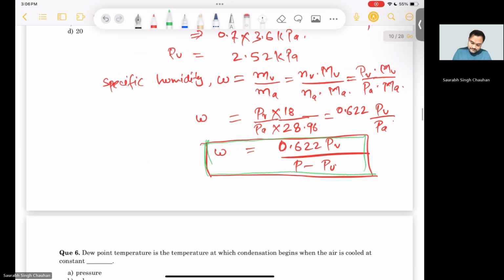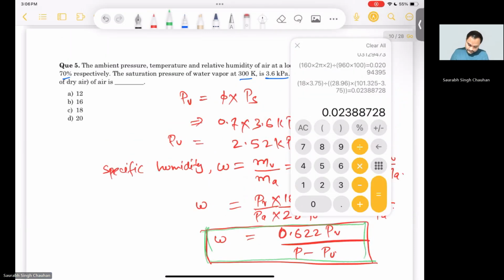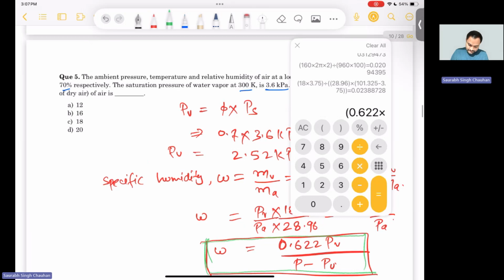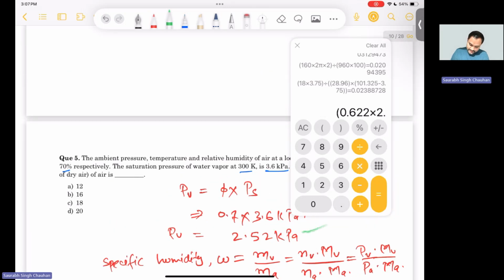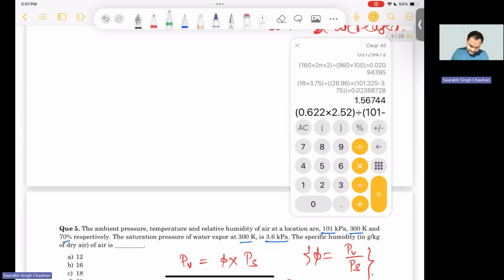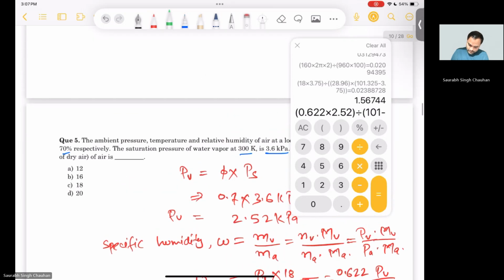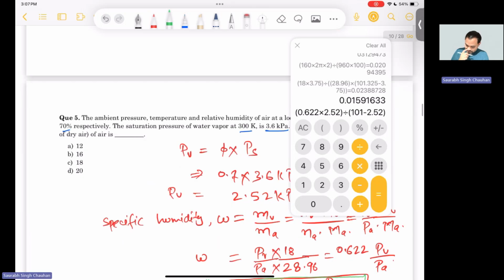So PV we have calculated, so you can calculate this quantity. 0.622 multiplied by 2.52 divided by total pressure. Total pressure is how much? 101 minus 2.52.